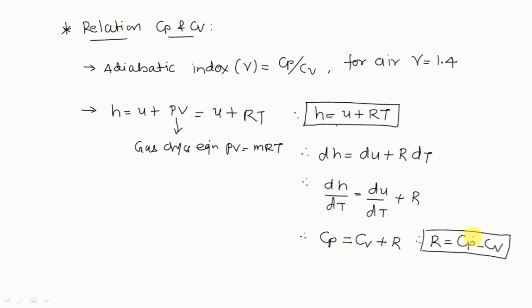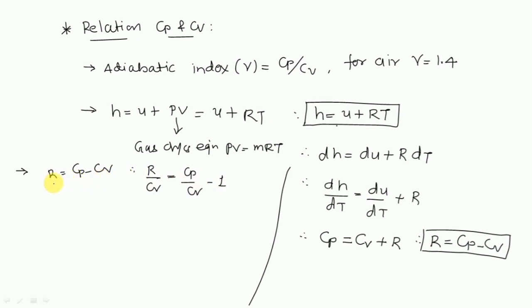Now the second one. So let's start. R is equal to Cp minus Cv. If I divide the whole equation by Cv, then R upon Cv is equal to Cp upon Cv minus 1.